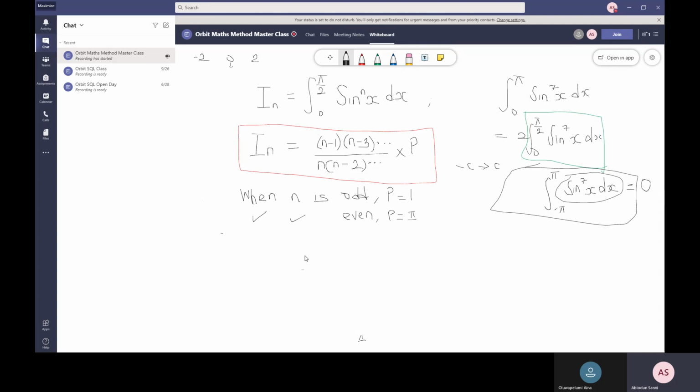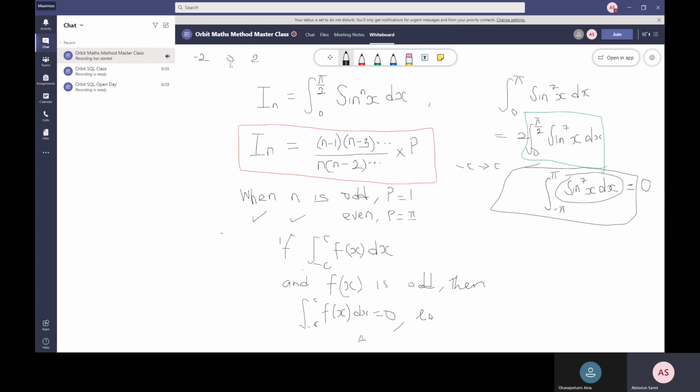All you need to do is quote a theorem: if I have the integral from minus c to c of f of x dx, and f of x is odd, then the integral from minus c to c of f of x dx is 0.